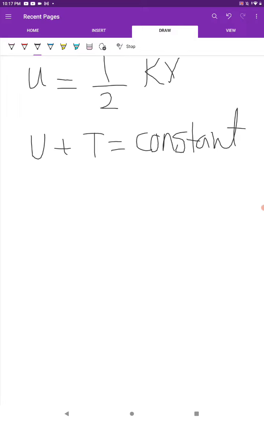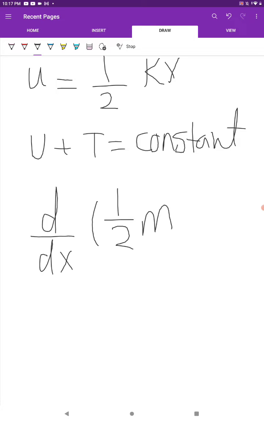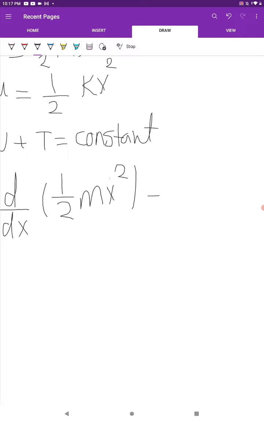And to continue solving this problem, we have to take the derivative of both equations, the kinetic energy and the potential energy. So we're gonna have d over dt of 1/2 mx dot squared plus the derivative of 1/2 kx squared.